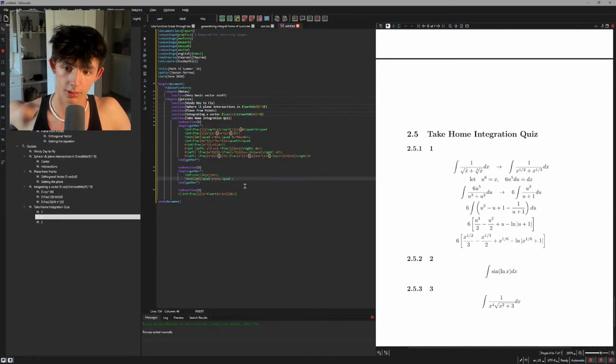So then we have, okay, so u equals the natural log of x. The derivative of u is 1 over x, right? Yeah.